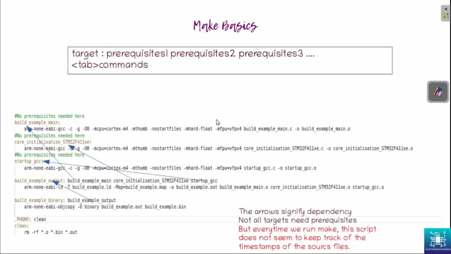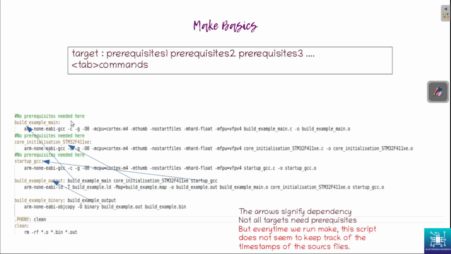So we have a target named build example.main. This is a part of the make script. We will see all of this in detail, but let us first understand the concept here, and let us understand the shortcomings of this particular approach, and then we can proceed from there.